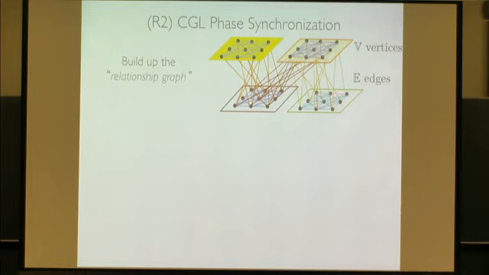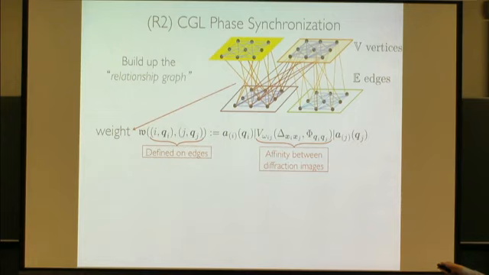What we have is a vertex, a graph, and as I told you, we have this Fourier-Wigner distribution. So from this graph, we can build up the relationship graph. First is the weight, which tells you the relationship among two vertices, which is defined by A. As I told you, we want to take A into account, and the modulation of the ambiguity function, Fourier-Wigner distribution.